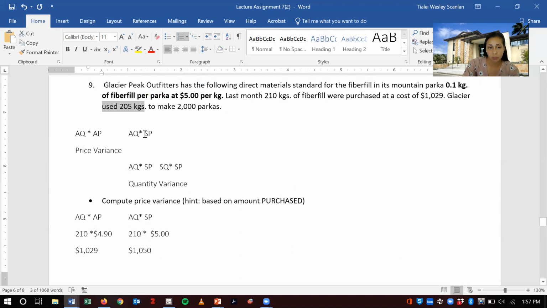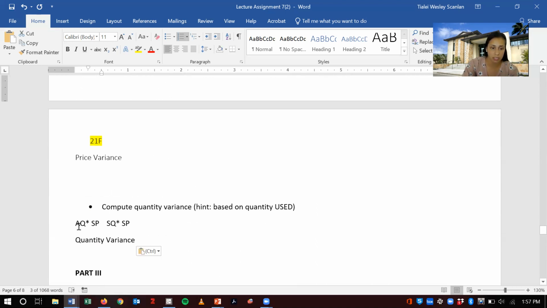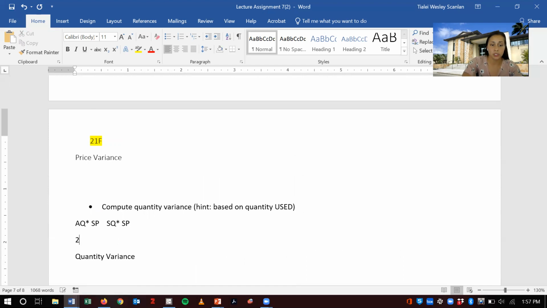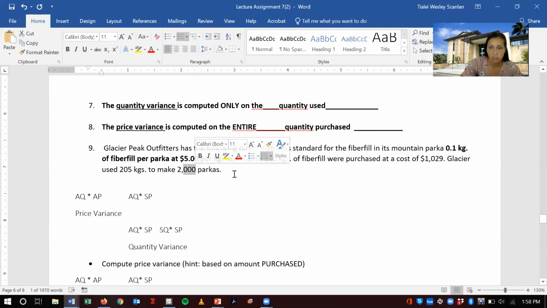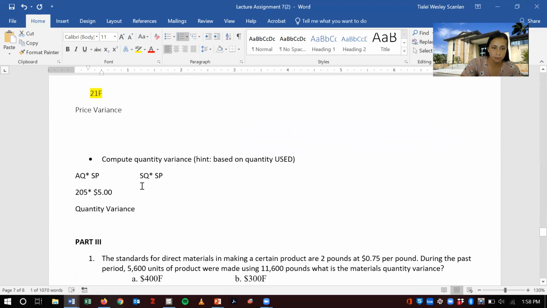Instead of buying 210, we used 205 kilograms last month, so I'm going to use 205 as my actual quantity, which is different than what we did before. Standard price is still $5. Standard quantity is going to be the 0.1 kilograms of fiber fill multiplied by 2,000 parkas, so to get the total kilograms we need for all of the units, we do 2,000 parkas multiplied by 0.1 kilograms like we did before.